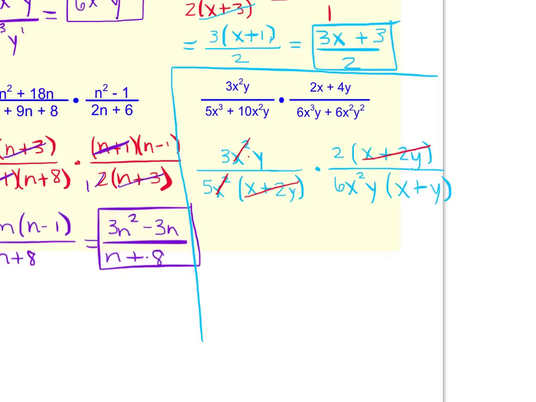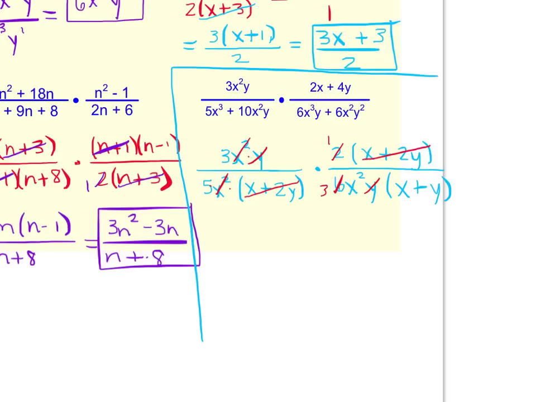Again, because things are being separated by multiplication, we're allowed to cancel those separately. I also see you have a y in the numerator right here with this y down there, so we can cancel those. And then the last thing I think we can do is reduce the 2 with the 6. So if you divide by 2, you get 1. Divide by 2, you get 3.